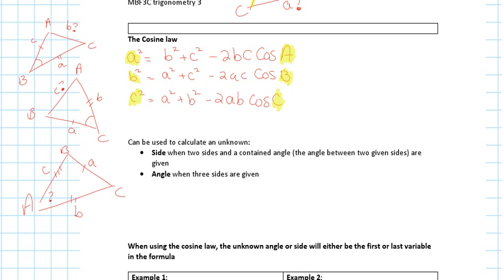Cos A equals B squared plus C squared minus A squared divided by 2BC. So it's a matter of picking the right formula, and plugging it properly into the calculator.